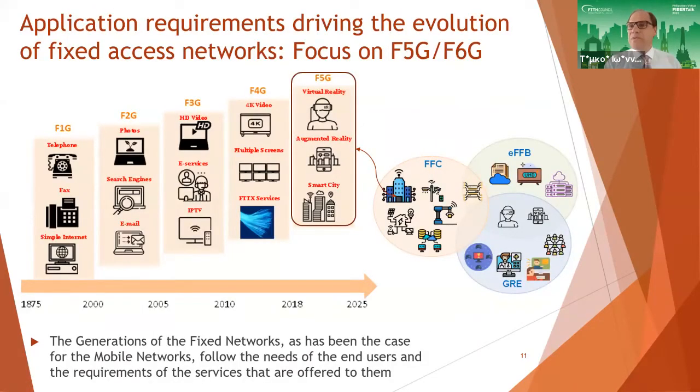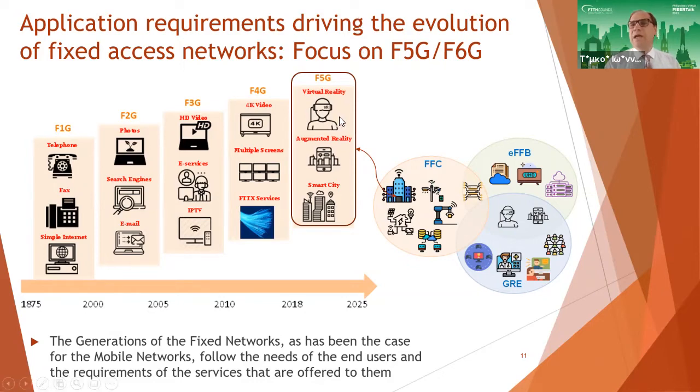So the fixed networks now, if we focus on what fiber enables us to do, we know what has happened in the past. We know that we have very high resolution videos, screens, and also other services that are based on video that we all like and experience with good quality through our fiber connections.